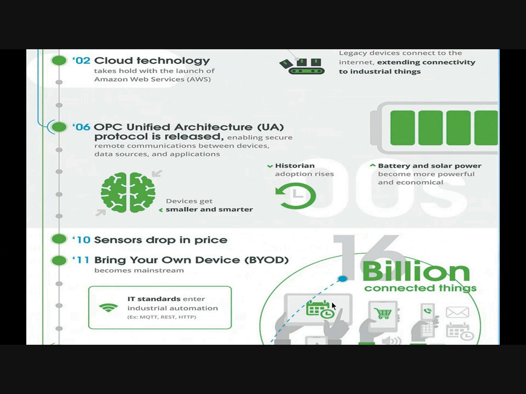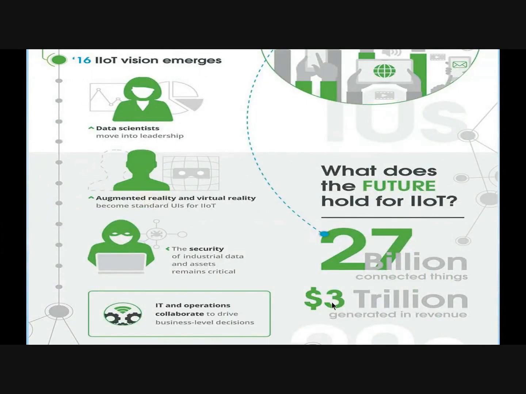And then in the year 2010, sensors led to a very sharp drop in price. And in the year 2011, BYOD, that is bring your own device, became mainstream. Okay, and then in the year 2016, this is where the IIoT vision emerges.